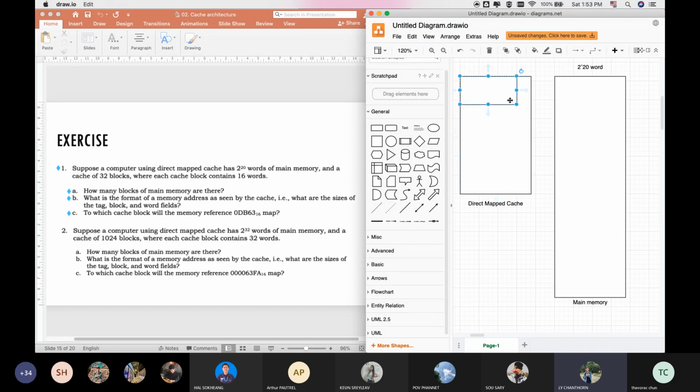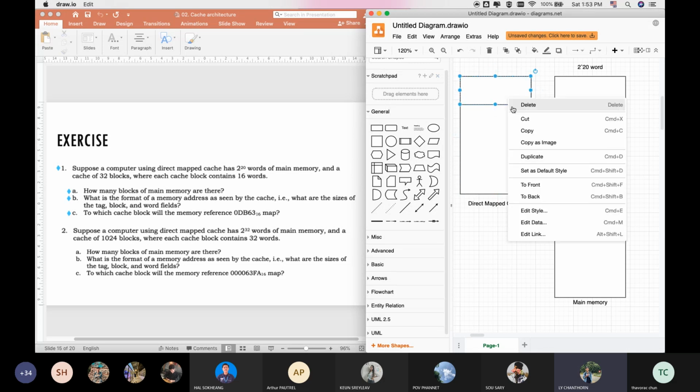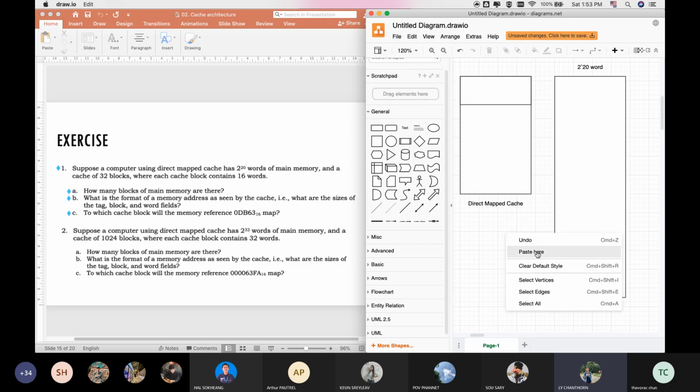Do you remember what is a block from our slide before? The block is the combination of data. So inside the block, it has some data inside.